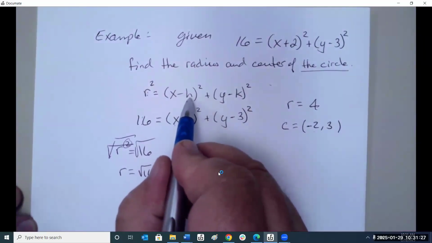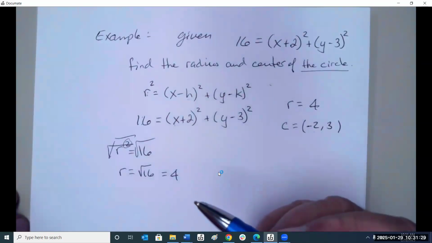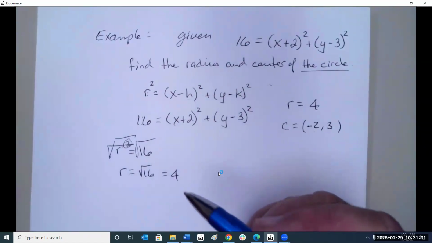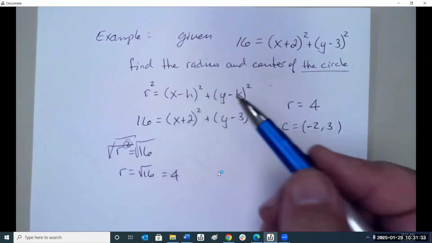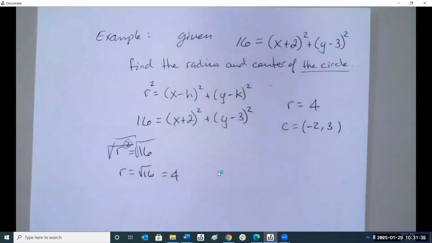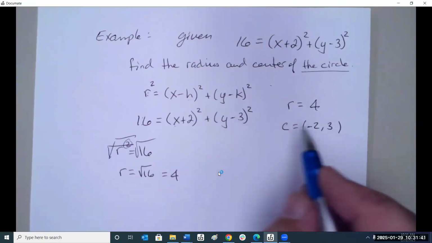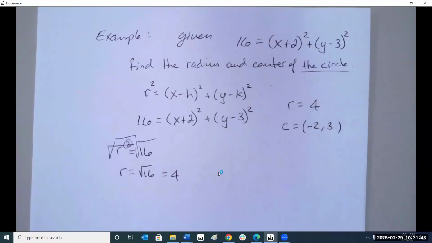What does h and k represent? The center. So x and y tells us how far from the center that number is. So what we're looking at is we want to find h and k. So what do we have to do to get back to 0, 0?